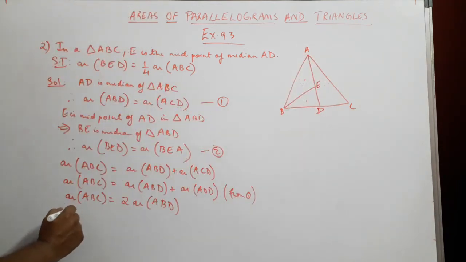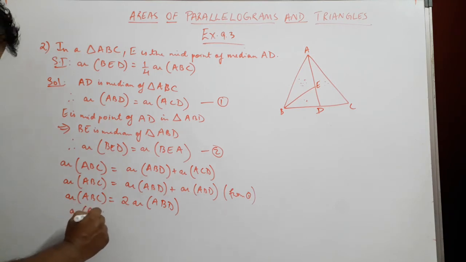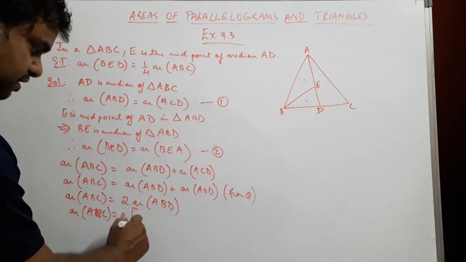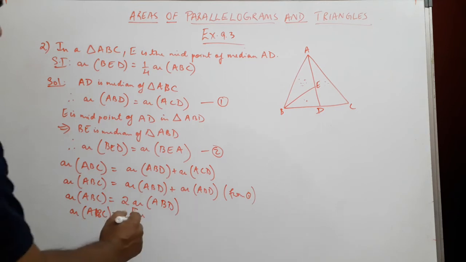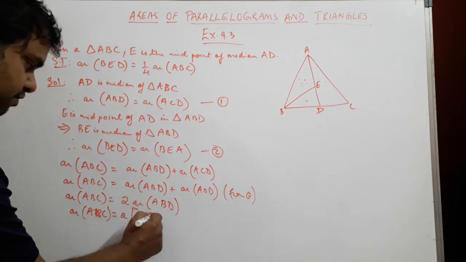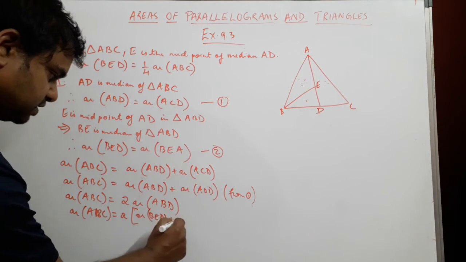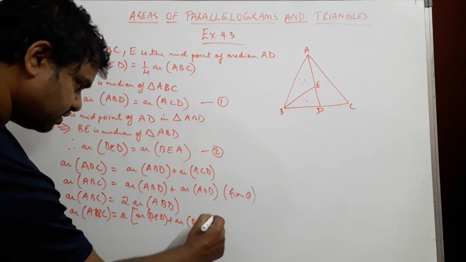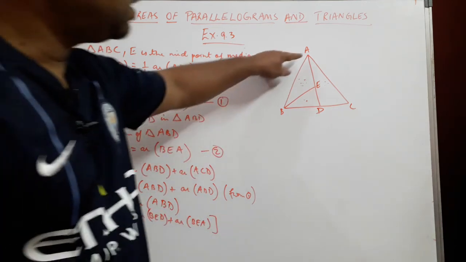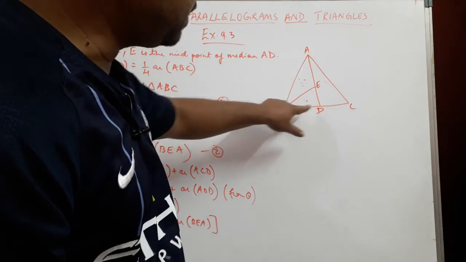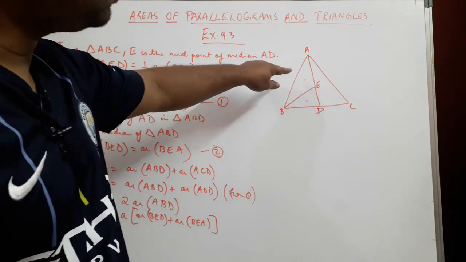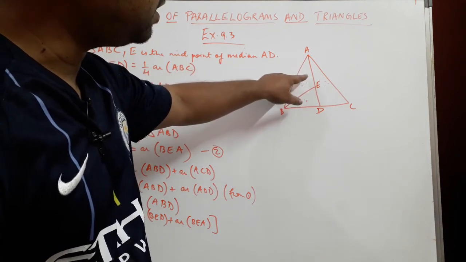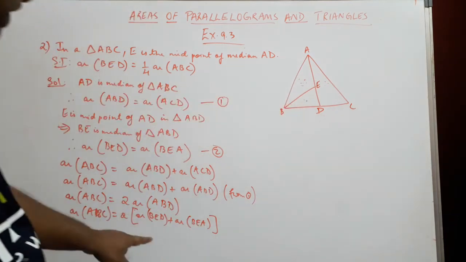So we can say area of ABC is 2 times, and instead of area of ABD I'll put a bracket and put area of BED plus area of BEA. Close the bracket. Why? Because I've shown this particular big triangle ABD as equal to the sum total of the areas of these two triangles over here.